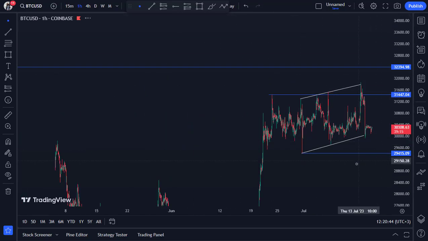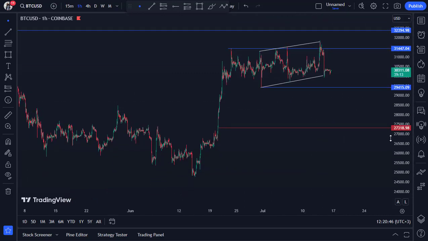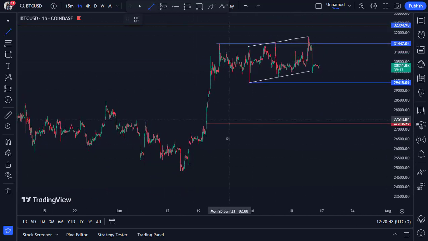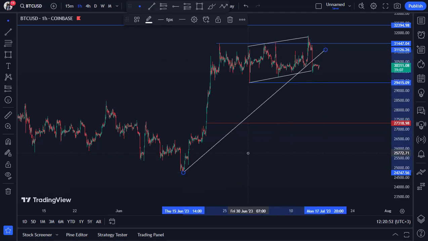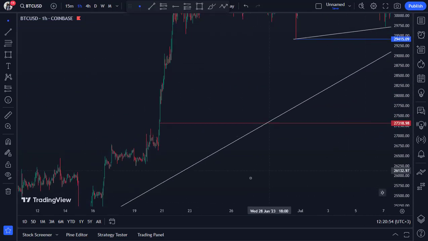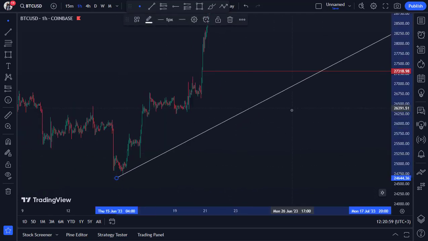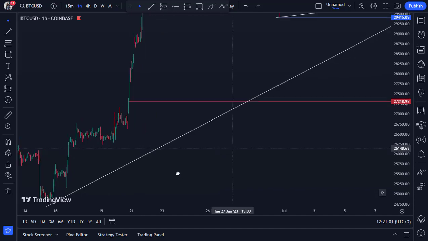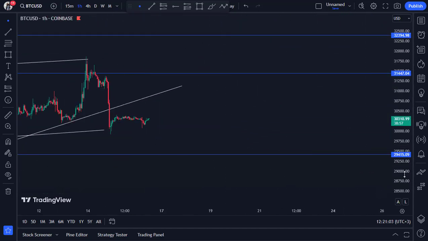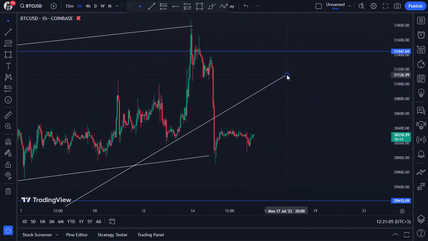Let's look at the overall trend line, the way it has been broken. The overall trend line could have been this one. I think we'll go with the overall trend line. If it takes us out with the overall trend line, that's when we'll be looking for the inner one, because I don't think it will push back to those areas.